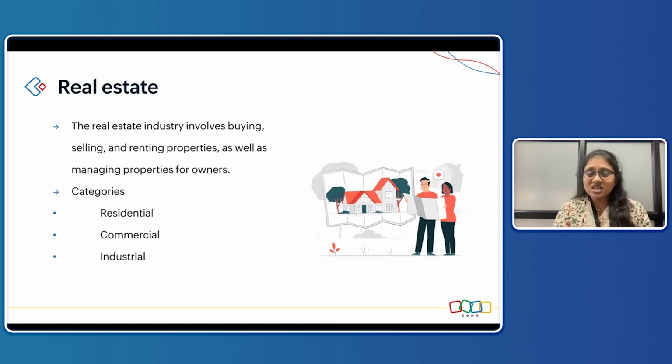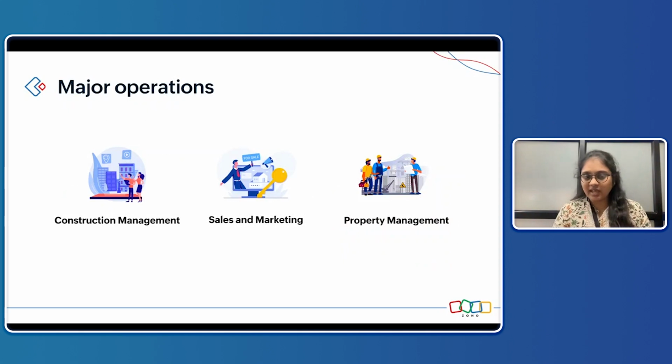This real estate industry contains major operations like construction management, where providing automation helps construction builders make their work easier. And then sales and marketing after construction: making advertisements, doing marketing, providing customer services, sales. Providing automations in those operations plays a major role.